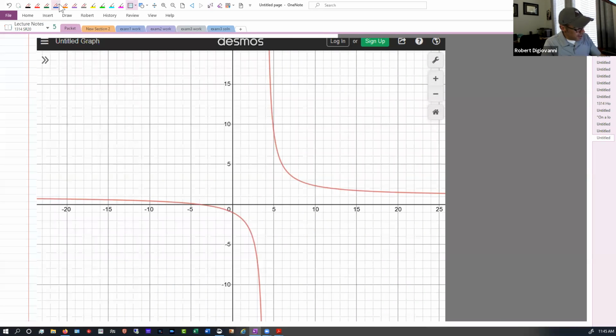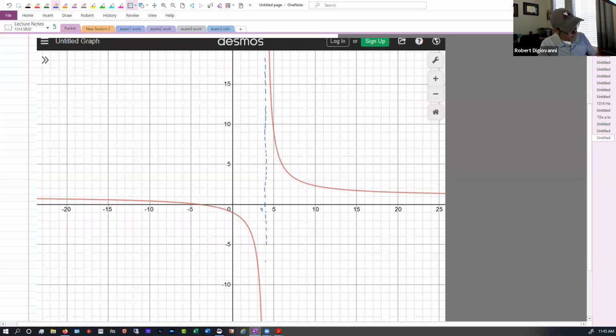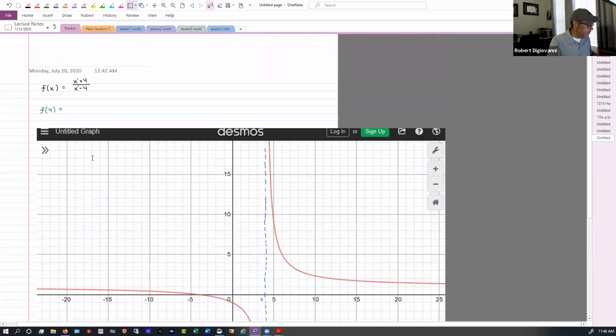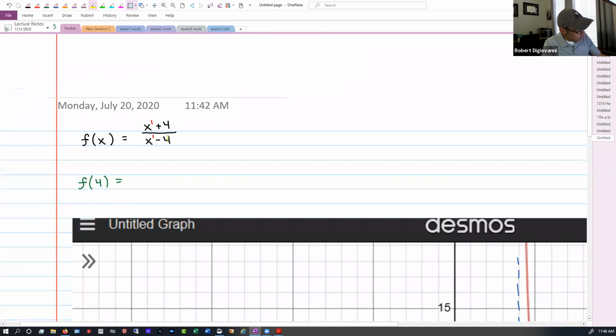At x is equal to 4, not a very straight line, but you can see that that's where we have our vertical asymptote. And that's also, if you look at the function, what made the denominator 0. That's not a coincidence. That is how we will determine where the vertical asymptotes occur.